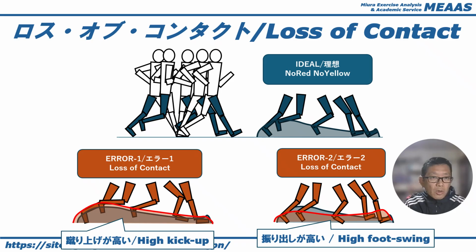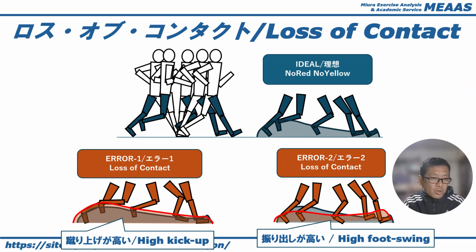This is the schema of ideal technique and the error of loss of contact. This was already presented in number 3 of this series of movies. So the blue one, the top one, is ideal technique, no red card and no yellow paddles. And the typical error of loss of contact has two examples.